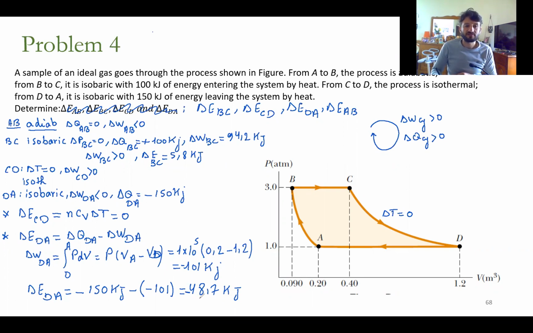So delta E is negative. This is delta E DA equals minus 48.7 kilojoules, and we calculated delta W DA equals minus 101 kilojoules.